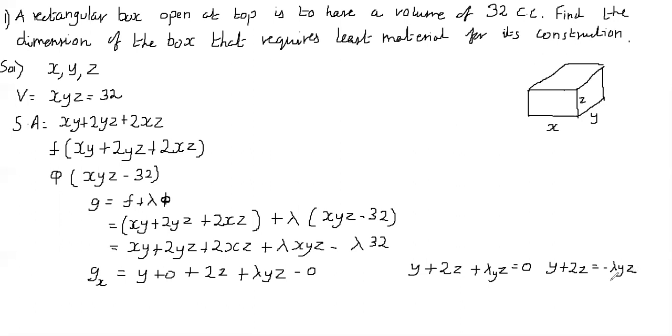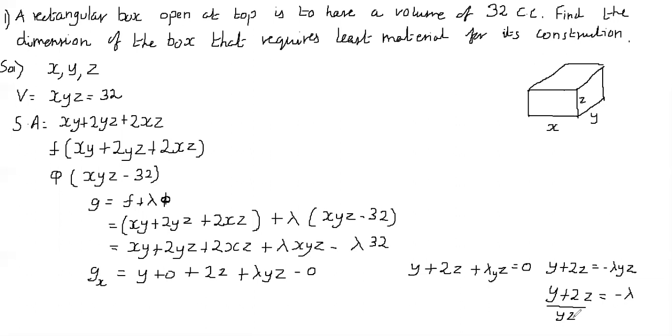From this we have to find minus lambda. So we get y plus 2z over yz is equal to minus lambda. So this is equation 1.